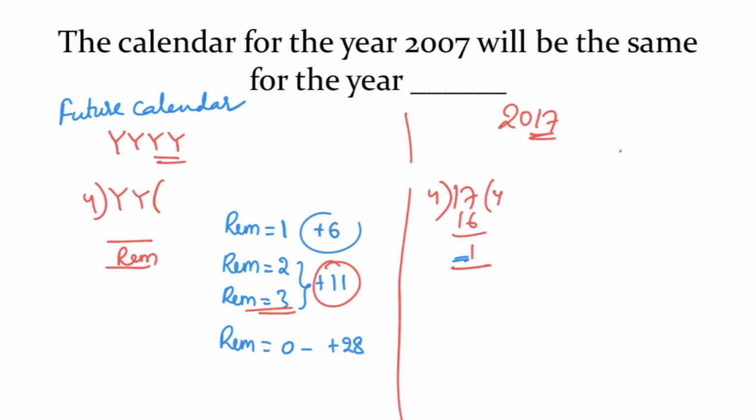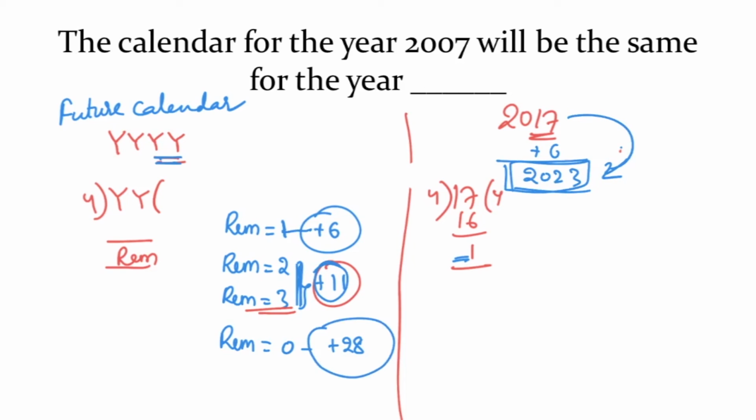If remainder is 1, we add 6. 2017 plus 6, 2023. So the 2017 calendar can be used in 2023. This is how we find next calendars. We divide the last 2 digits of a year by 4. If remainder is 1, we add 6. Remainder is 2 or 3, we add 11. If remainder is 0, we add 28.